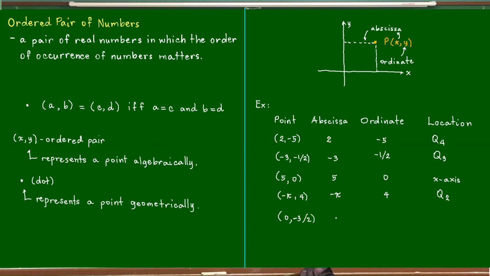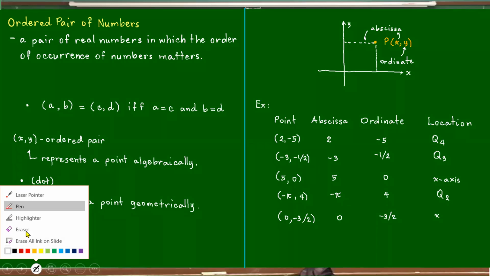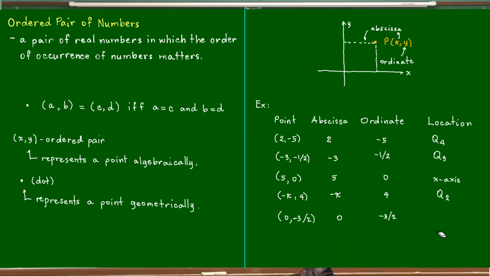So 0 is the abscissa, -3/2 is the ordinate. So this is located along the y-axis. Correct, guys? Yes, sir. This is located along the y-axis.